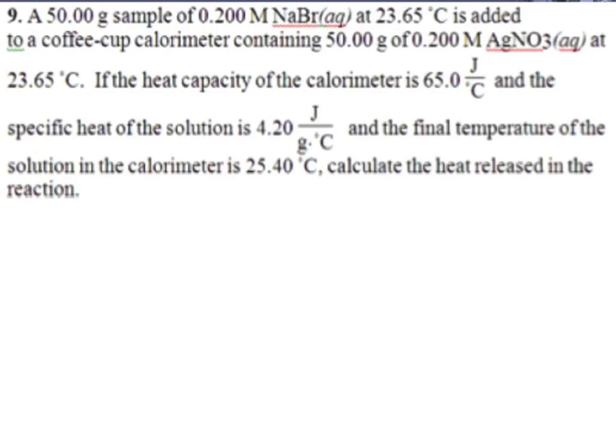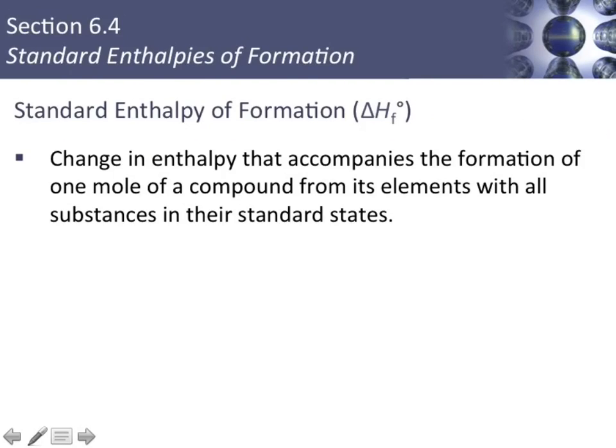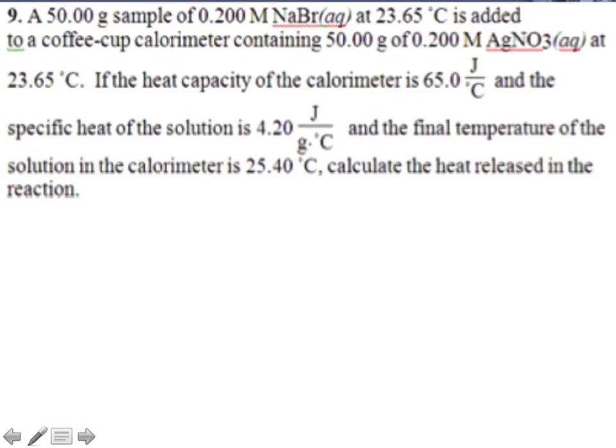If the heat capacity of the calorimeter is 65.0 joules per degree Celsius, and the specific heat of the solution is 4.20 joules per gram degree Celsius, the final temperature is 25.4.